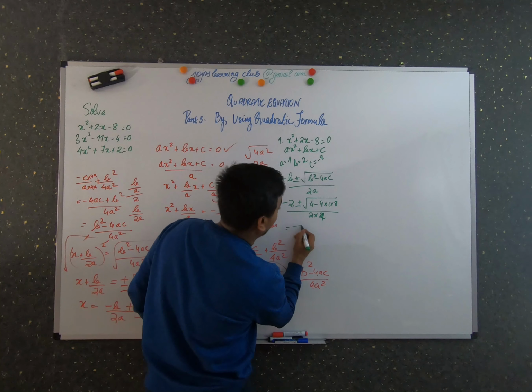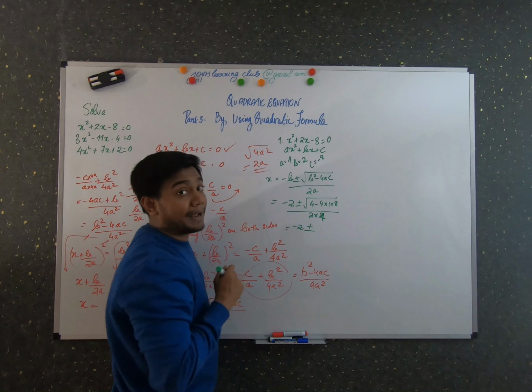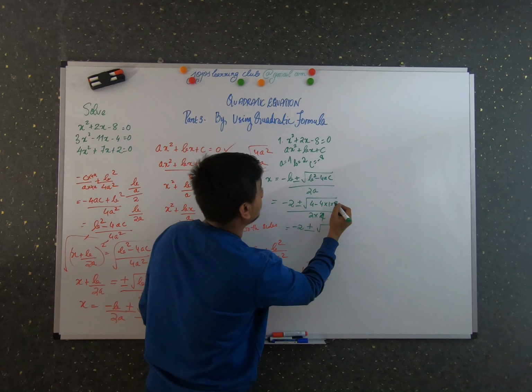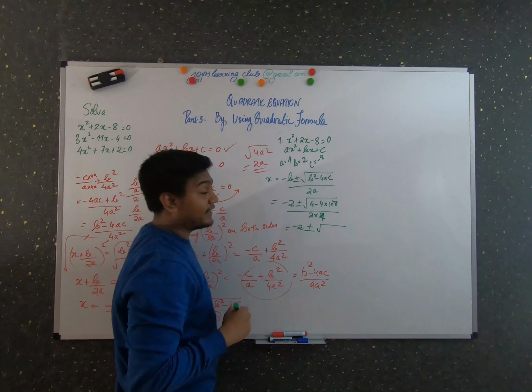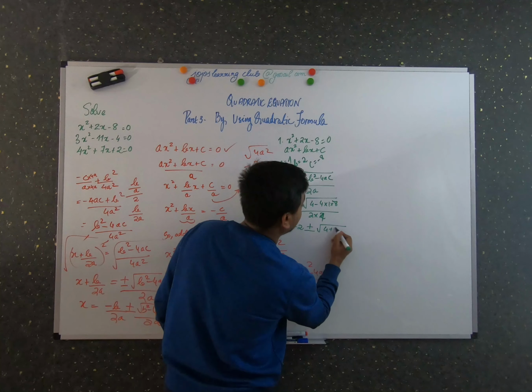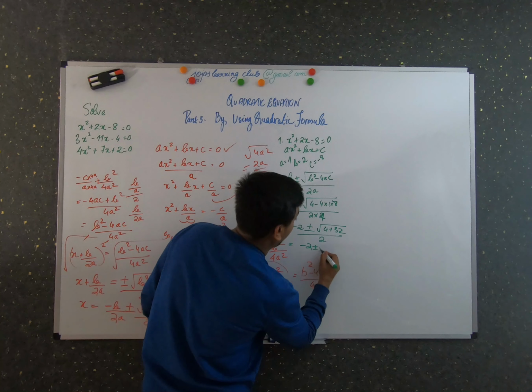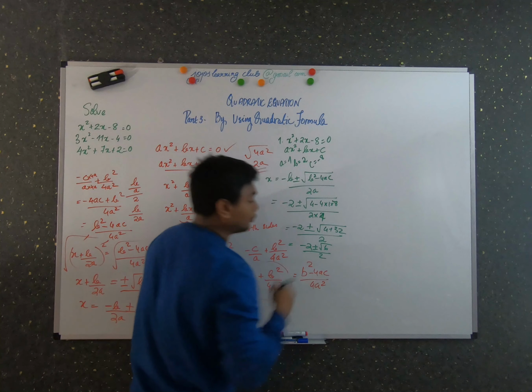What is the equation? Minus 2 plus or minus root of 4 minus, I forgot a minus over here, 4 minus of minus 8, that is 4 plus 32, by 2.